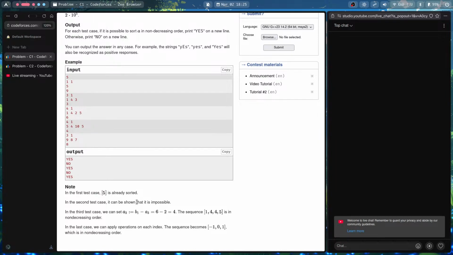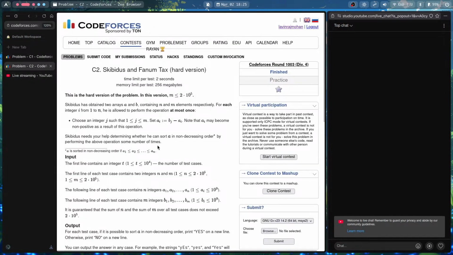You don't have that many choices for that. Let's go for the hard version, because if you solve the hard version, then both problems are equivalent. If we solve C2, then it's equivalent to C1 also.